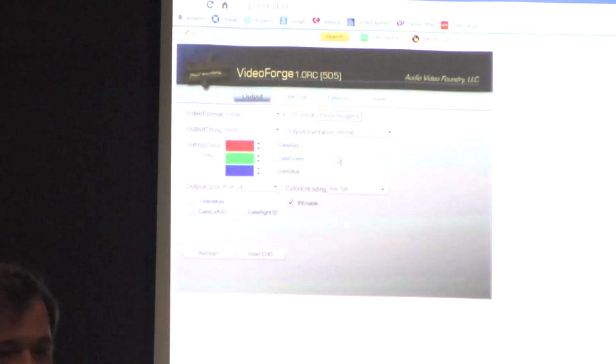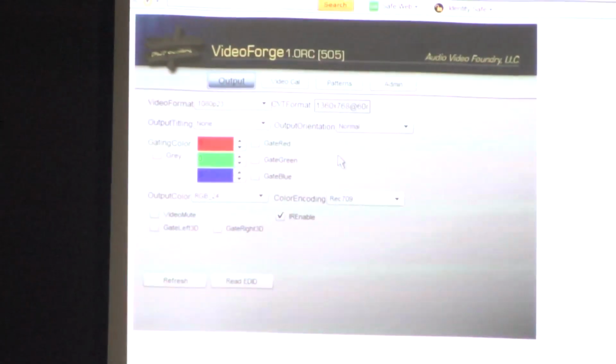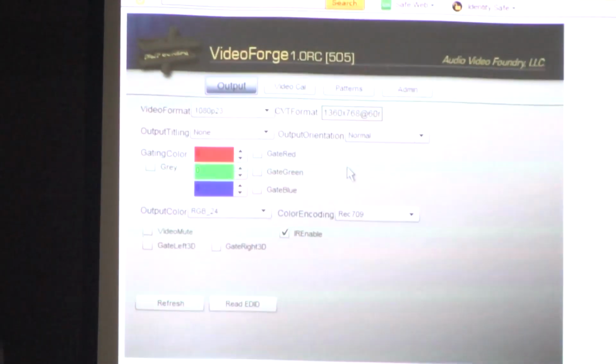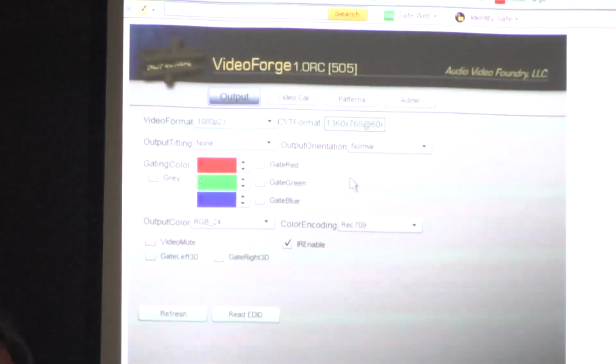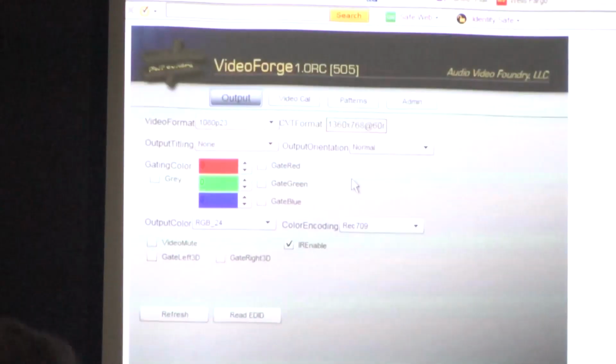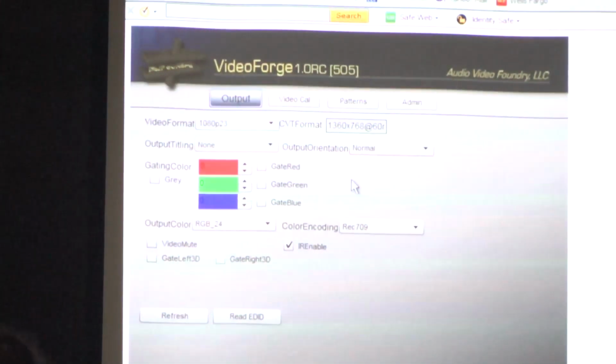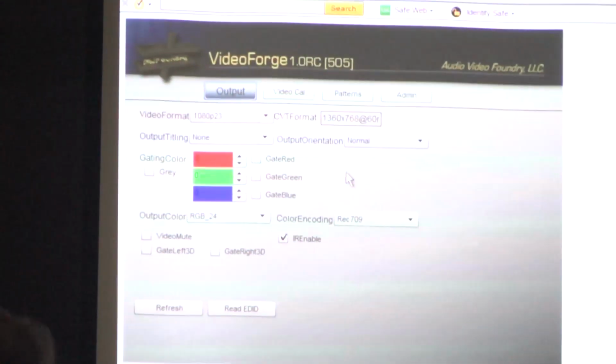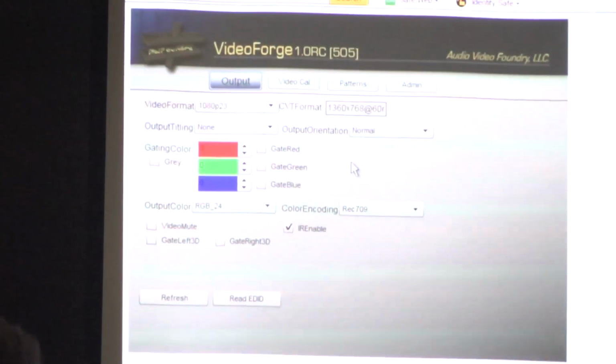Now, in this particular case, the majority of source material in 3D is 1080p 23.976. So that's what the 23 means, 1080p 23, for anybody who can't read it. If it's generating its own test signals, it has a capability of encoding.